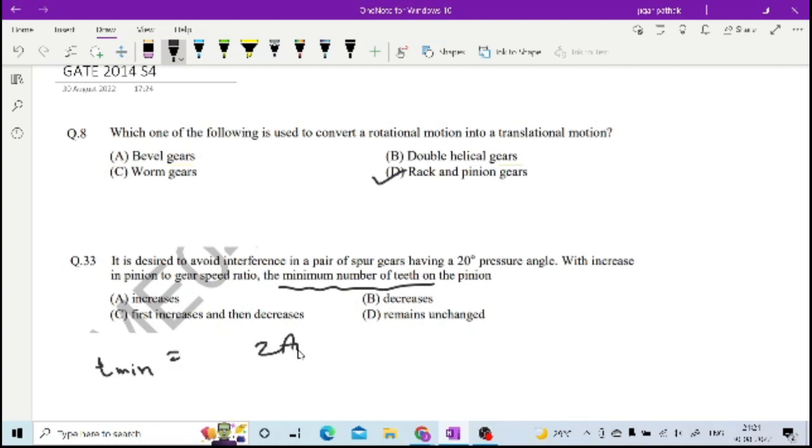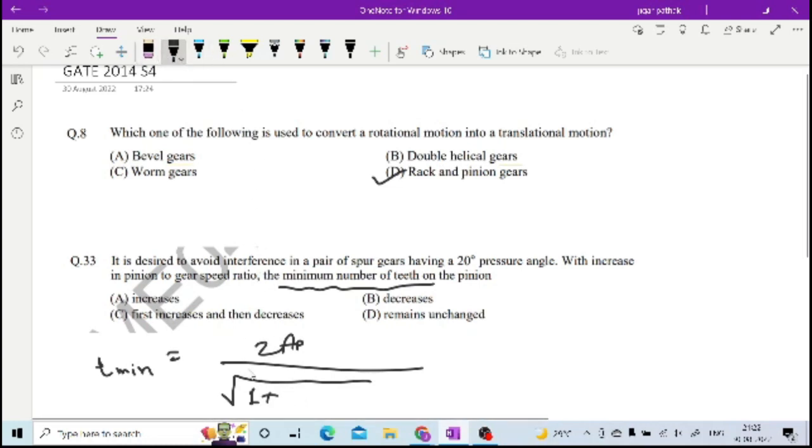T minimum is equal to 2 into addendum of pinion divided by 1 plus G, root of 1 plus G plus 2, right, sine square phi, minus 1 actually.